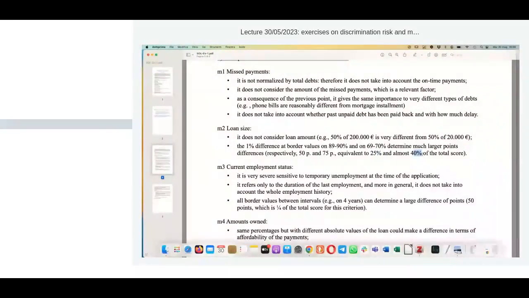So if you ask 69%, you take 150 points. If you ask 70%, just 1% more, you take 50% less of the points.